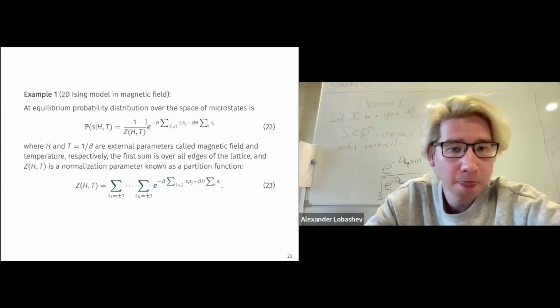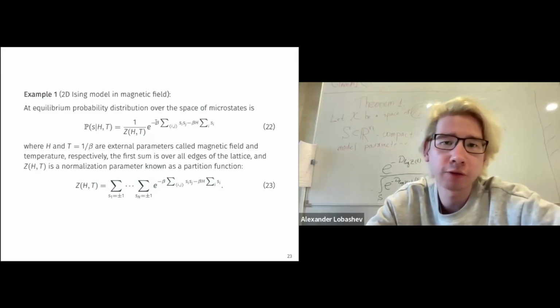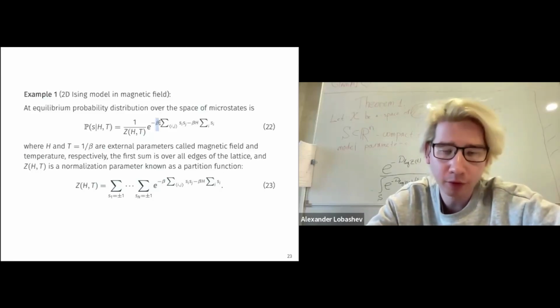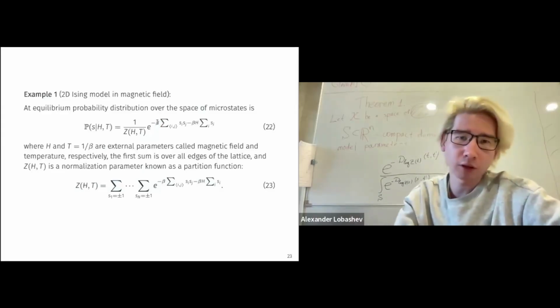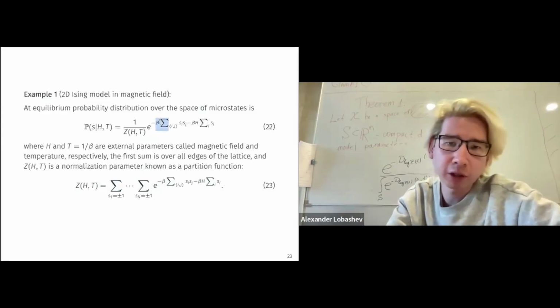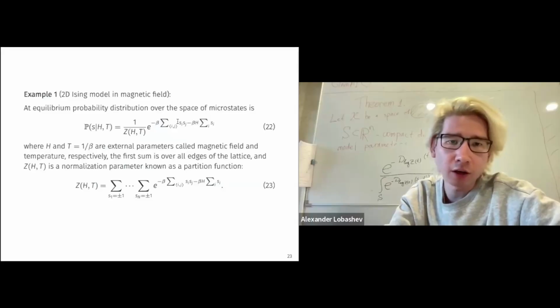Actually, this Ising model is an example of a probability distribution from an exponential family. An important property of the exponential family is the dependence on parameters, here for example b and b times h.